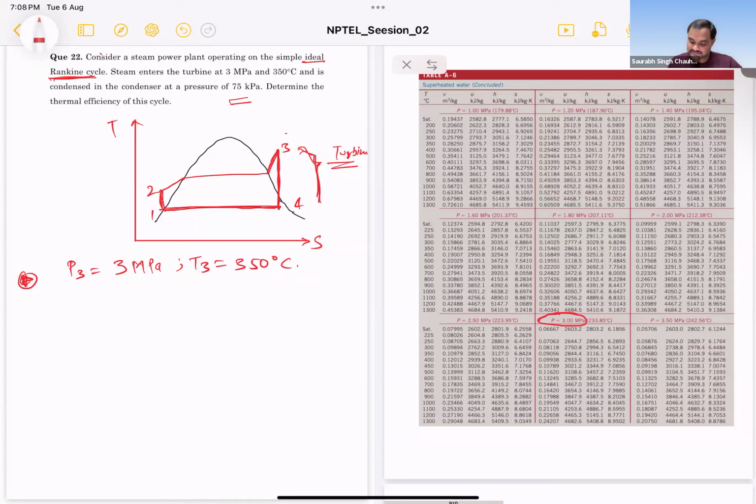Okay, this is 3 megapascal and temperature is 350 degrees Celsius. So these are the values which we need. Just zoom this thing.